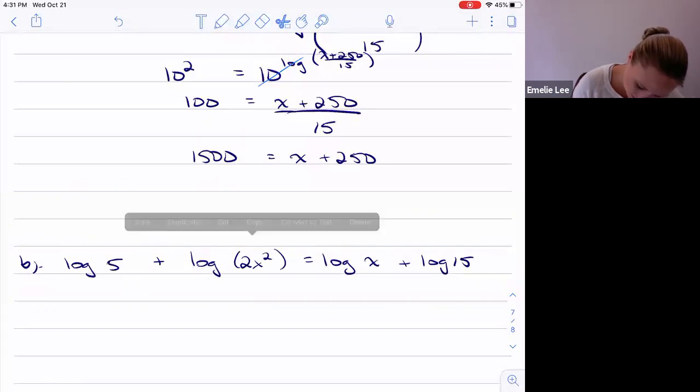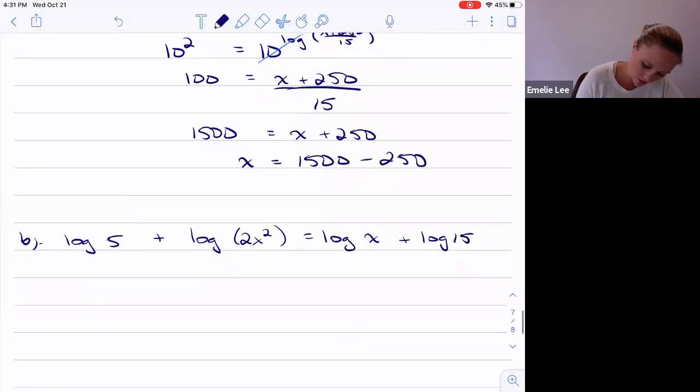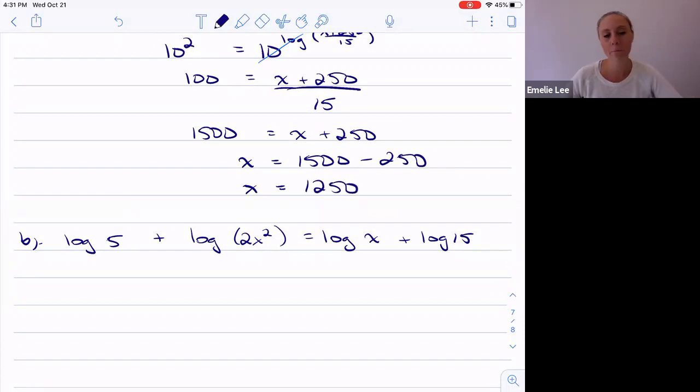Let's do 2 more lines. So x is going to be 1500 minus 250. X is 1250. You always just want to check.